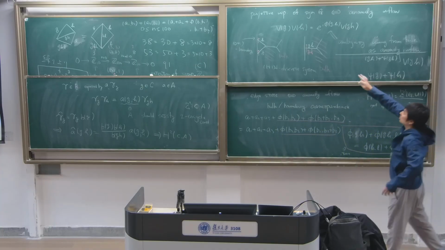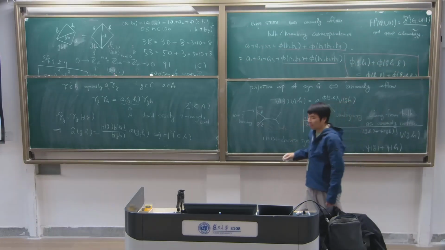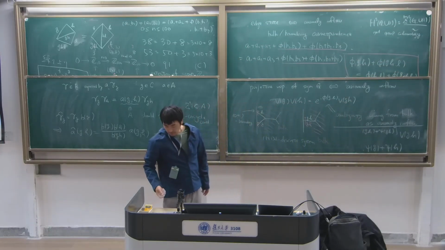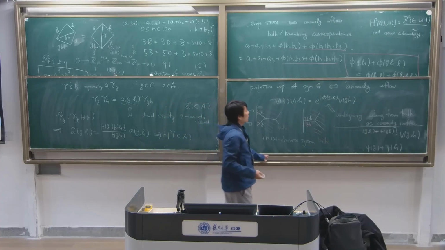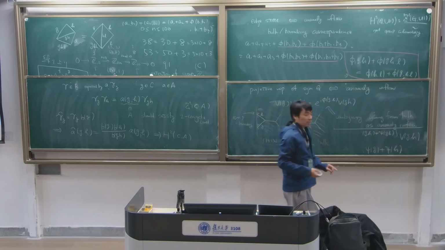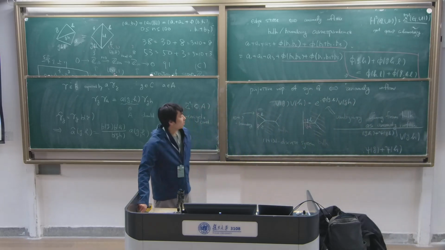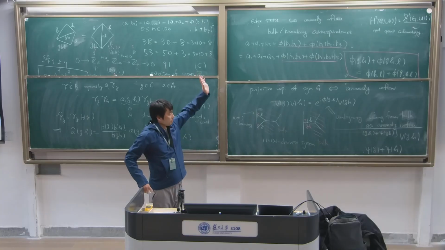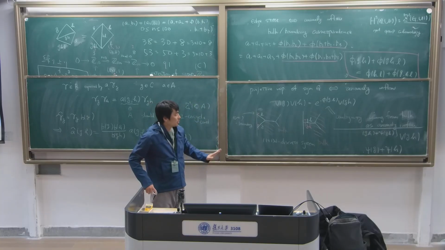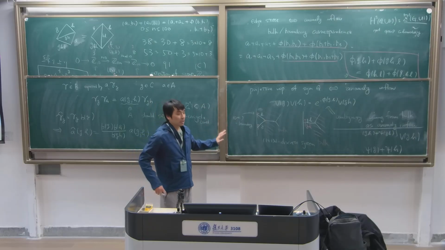This action is really coming from the action on the edge mode, and this edge action will give you this ambiguity that is really coming from the bulk. The bulk is gapped.